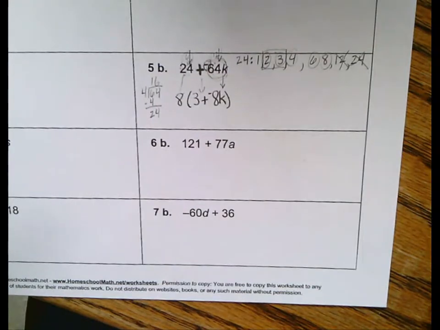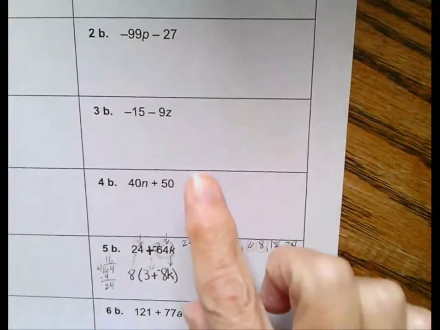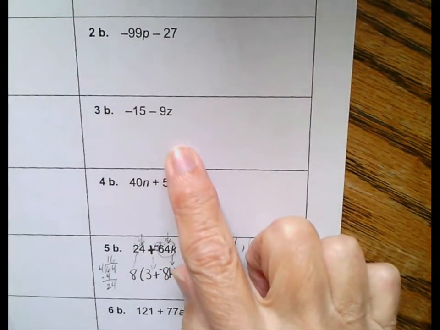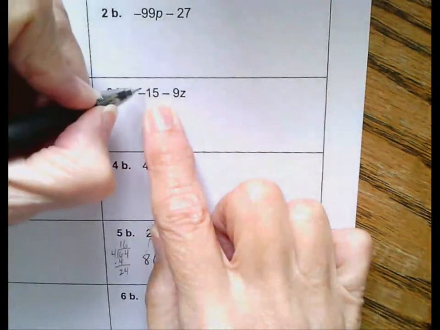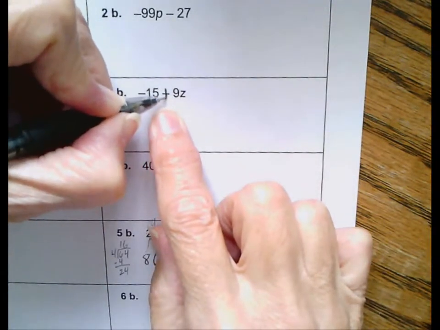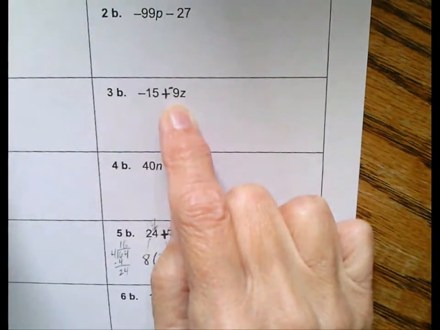We'll do one more here, and I'm going to choose to do number 3b. 3b again, you can see as negative 15 minus 9z. So I'm going to change that to plus a negative 9z.